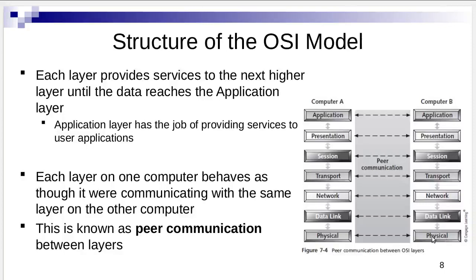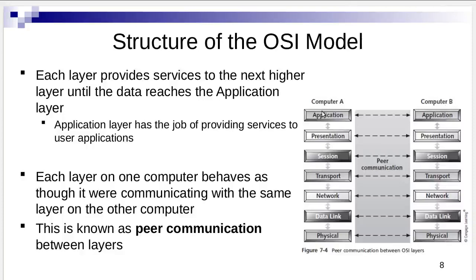Those layers only talk to the layers above them, and that's for data going up to the server. And then when data goes down, each layer talks only to the layer below, but the illusion is that you're talking directly from the application layer in computer B to the application layer in computer A.